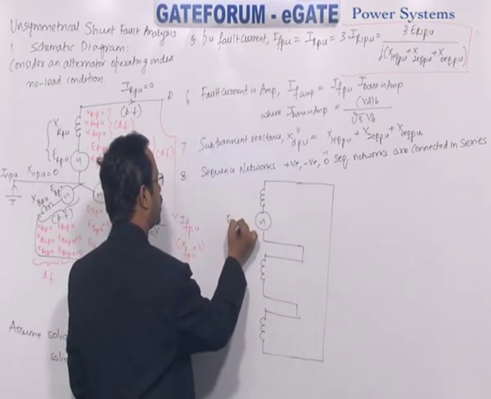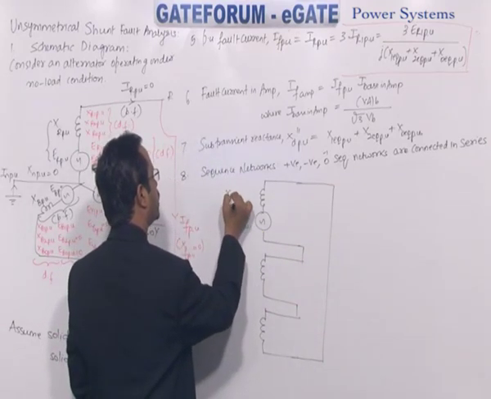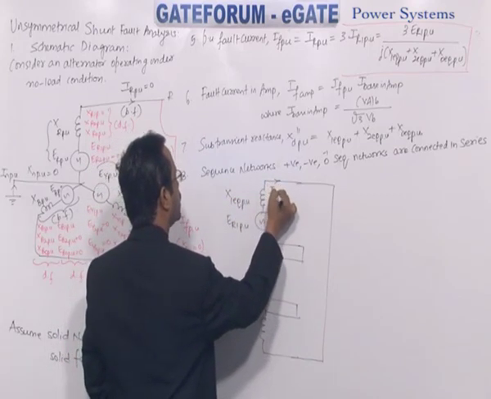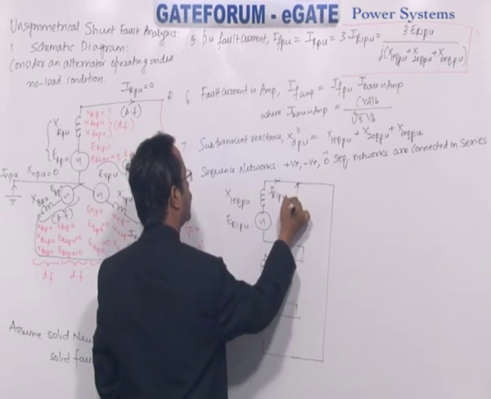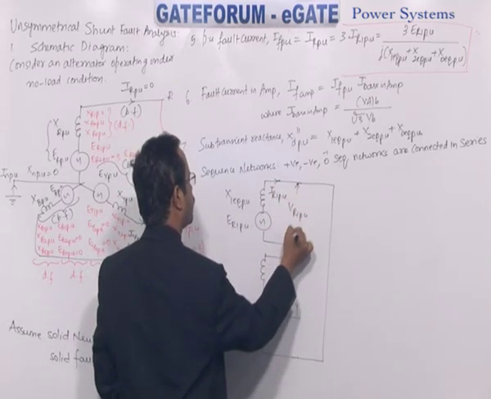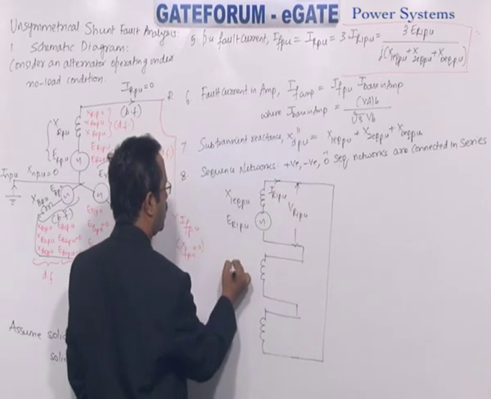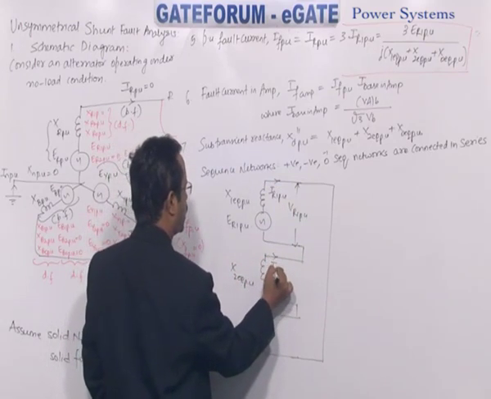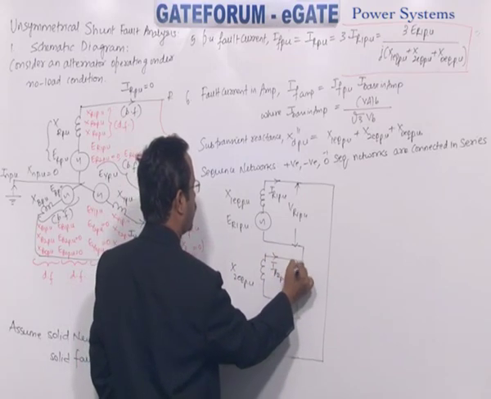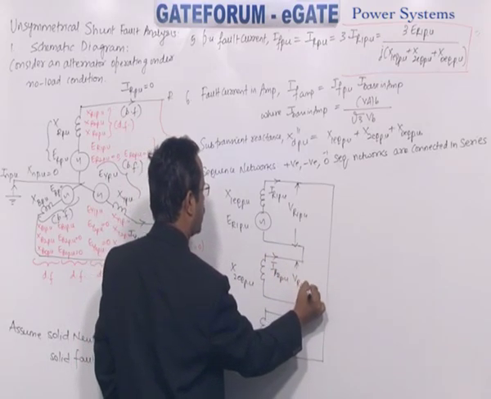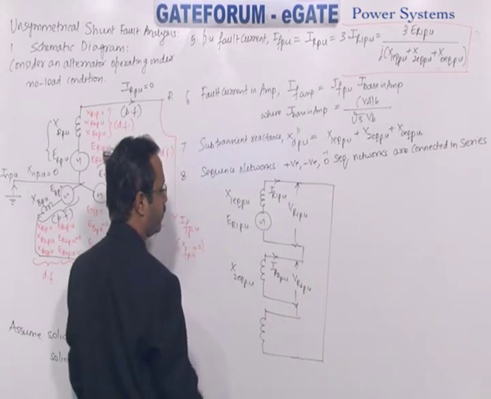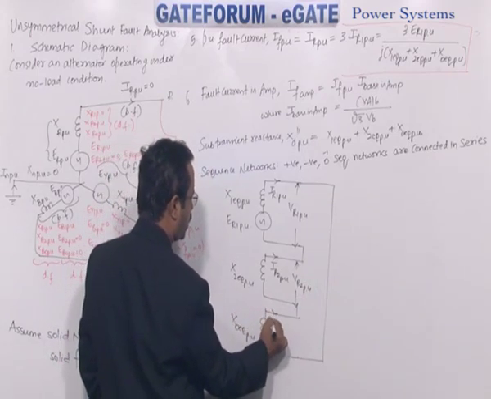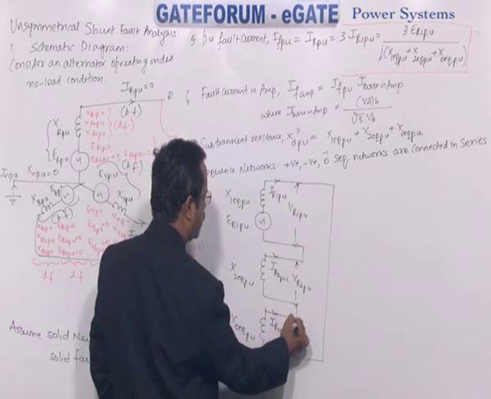So here what we get? ER1 per unit, X1 equivalent per unit, current flowing is IR1 per unit. What is the terminal voltage? VR1 per unit. And here X2 equivalent per unit, current IR2 per unit. What is the terminal voltage? VR2 per unit. And here X0 equivalent per unit, current is IR0 per unit.